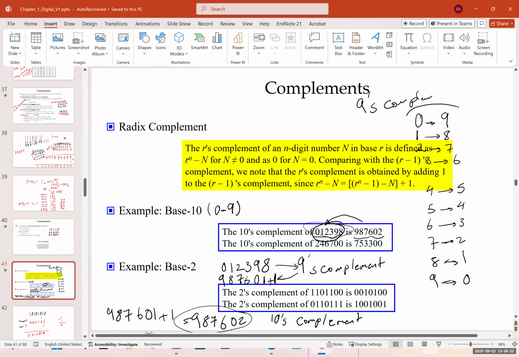For 012398, if I want to find the 9's complement, the complement of 8 is going to be 1, 9 would be 0, 3 would be 6, 2 would be 7, 1 would be 8, and 0 would be 9. Am I correct? So this is my 9's complement. Now I would simply add 1 to it, and I would have my 10's complement: 987602. And here I want the 10's complement.